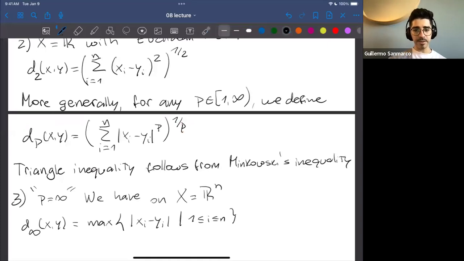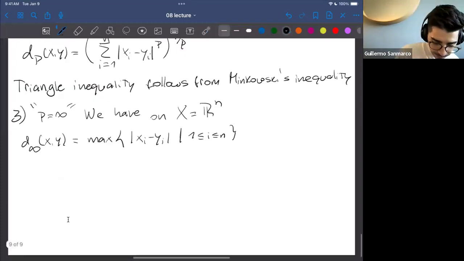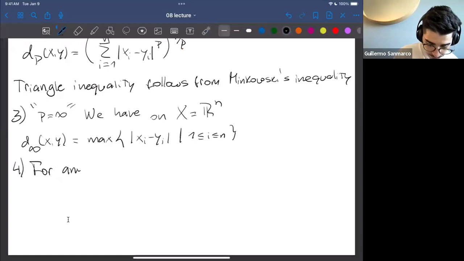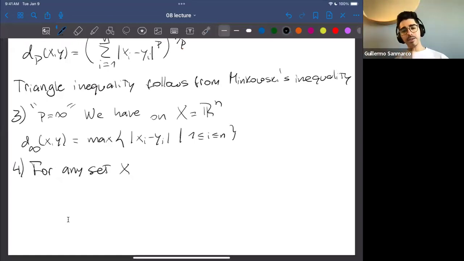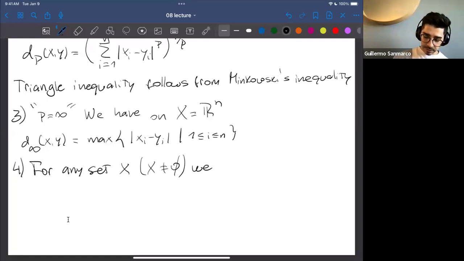Okay, we have a bunch of examples on Rn. Now let's go back to a general set. For any set X, we can always impose a metric here. To be honest, X needs to be non-empty, but that should be included in the definition. We can define a somewhat trivial distance, but let's call it discrete. And we know this word means something for us.